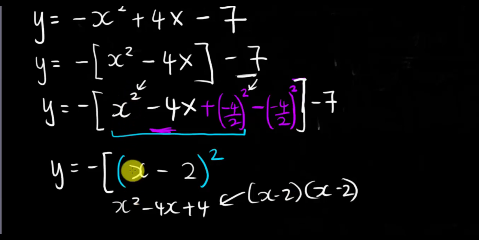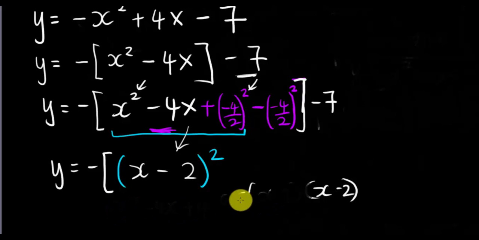You can find this is x squared minus 4x and plus 4. This is plus 4, isn't it? Because negative 2 squared you get plus 4. So basically what I'm trying to do is simplify these 3 terms into a bracket square. Alright, so if you understand, I'm going to move on and continue.